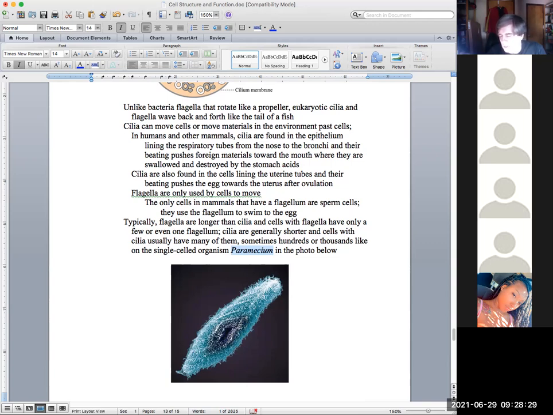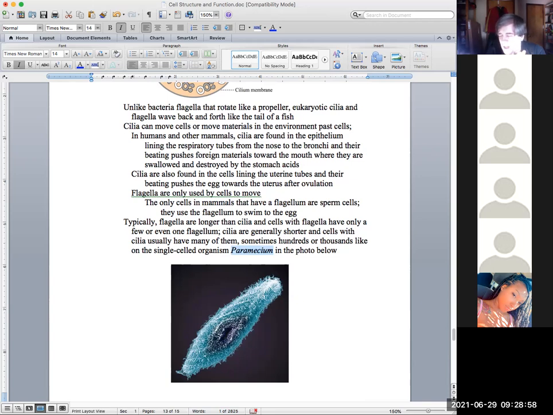And when the egg is released during ovulation, the fallopian tubes are hollow tubes. And when the cilia wave back and forth, they create a current. And the current gradually pushes the egg cell down towards the uterus. And the uterus is where that egg cell is going to attach and form a placenta if the egg is fertilized.